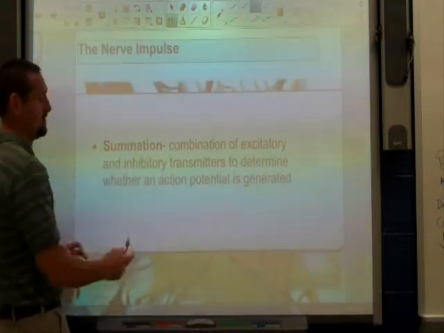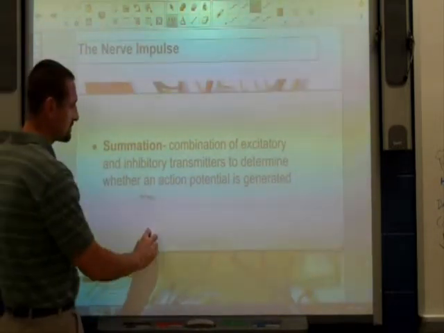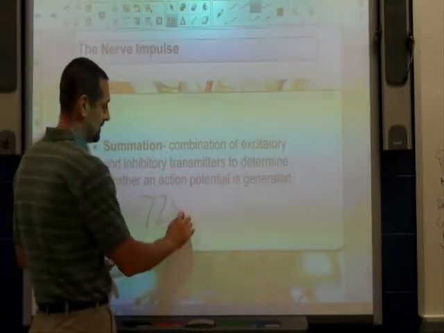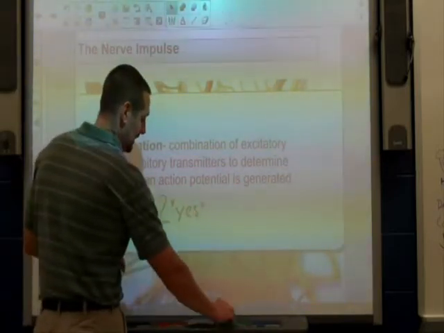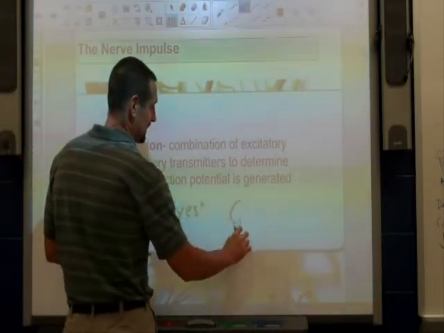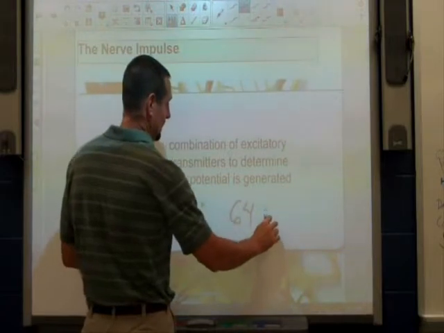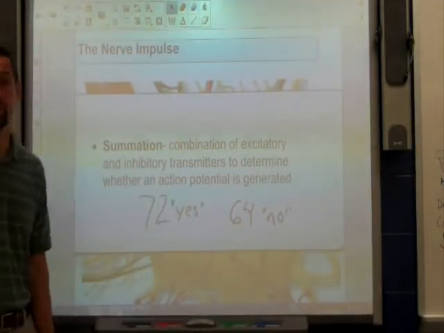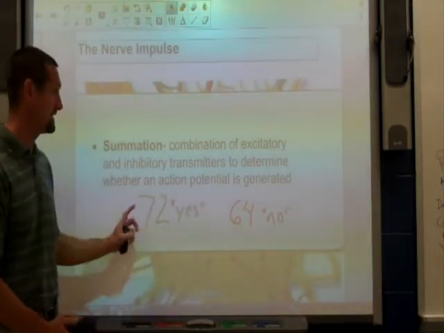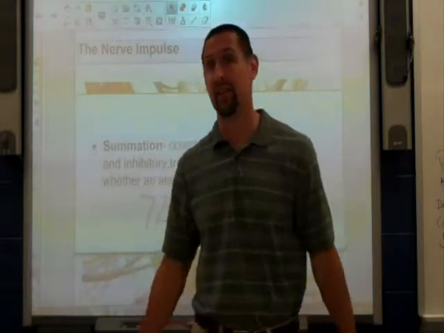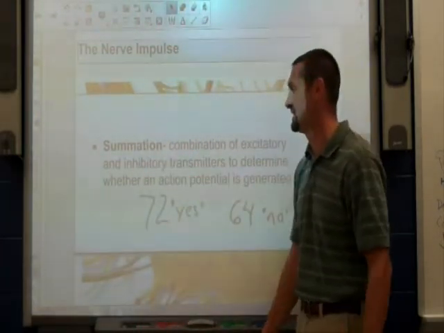So let's say that you tally up the votes, 72 excitatory nerve endings, they're saying yes. In this case, we'll say 64 send the impulse that says no. Do you do it? In this case, yes. The action potential is generated, that impulse is sent, that message is going to get to its destination.